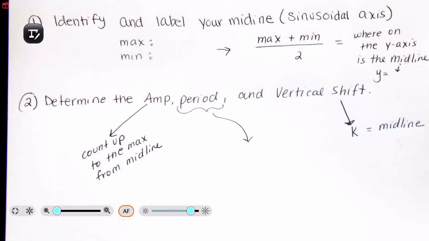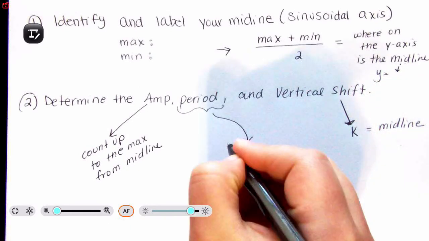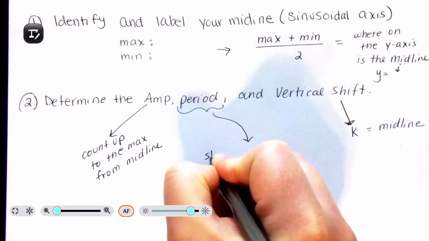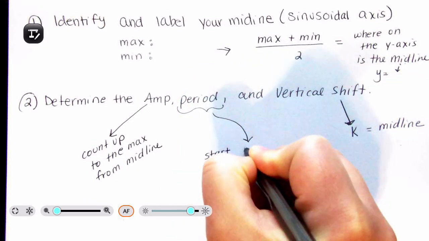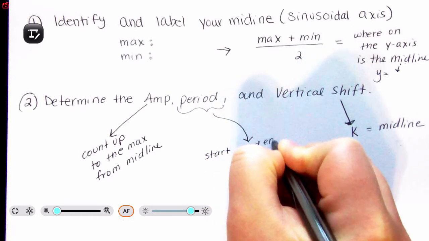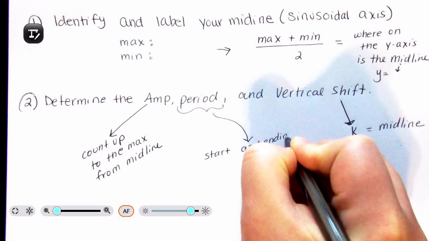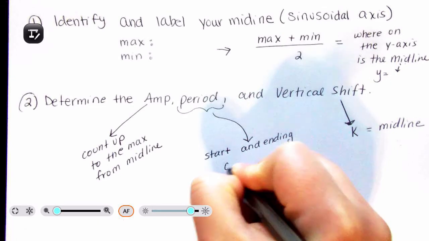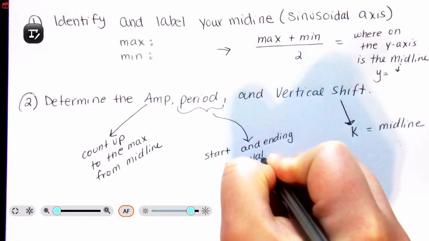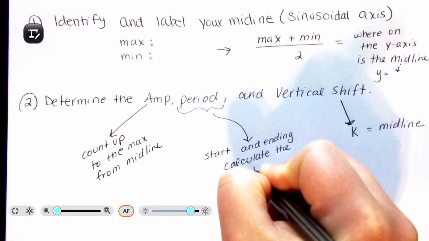So the distance from the beginning to the end of one period should be the same. So you're going to take your starting point and ending point, and I'll show you an example, and calculate the distance.